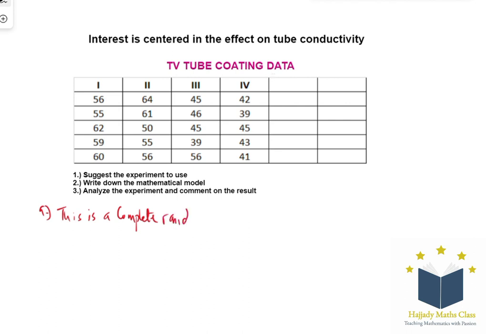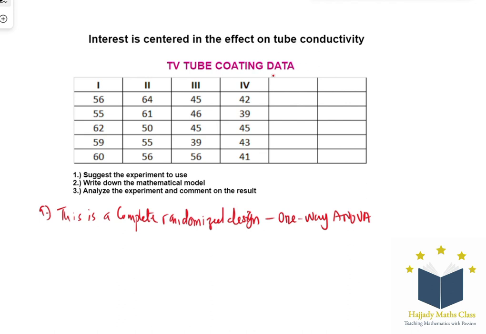If you ask me why, there's nothing like blocking here, so we are not doing any blocking. Otherwise known as one-way ANOVA. So this is the one-way analysis of variance.